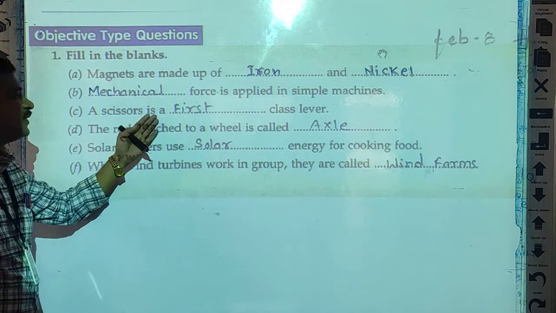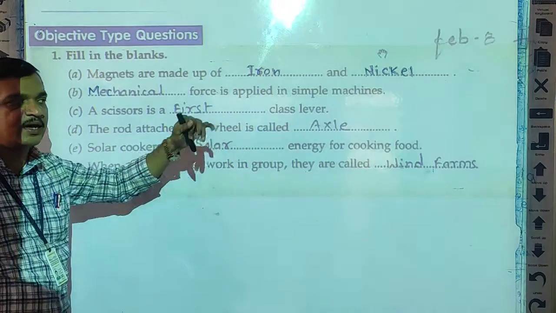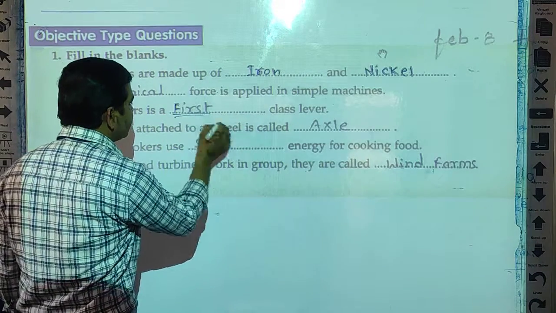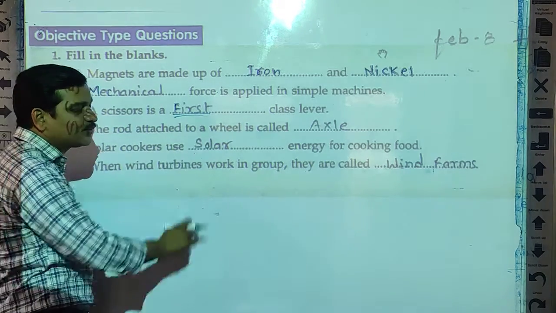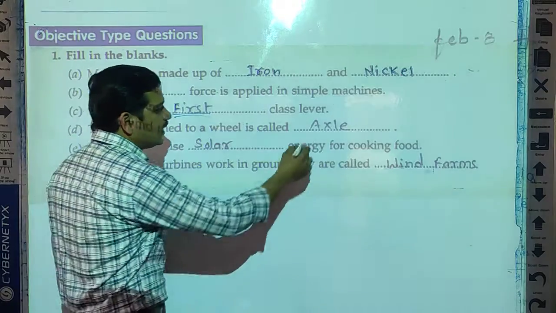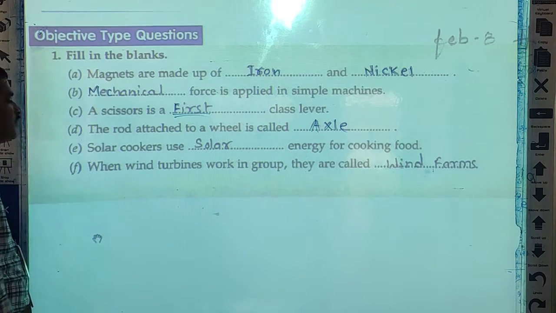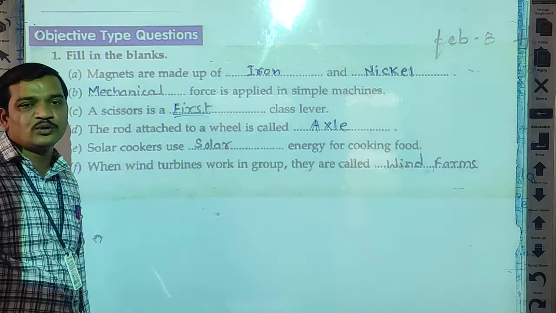A scissors is a dash class lever. First class, second class, third class. So the answer is first class lever. Next, the rod attached to a wheel is called axle. Yes, very good. Next, solar cookers use dash energy for cooking food.